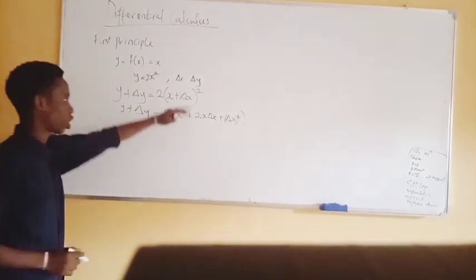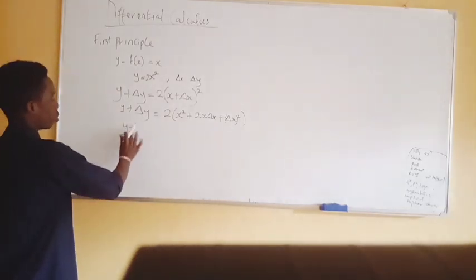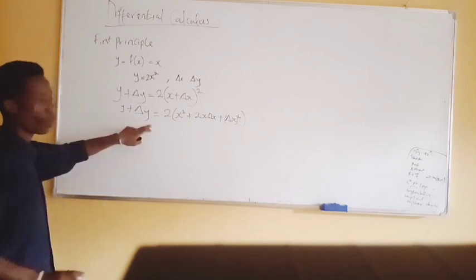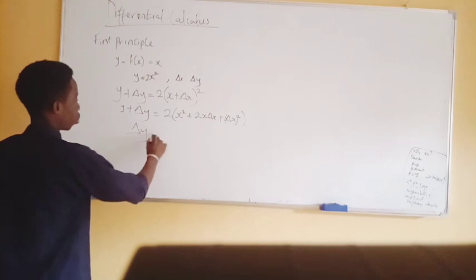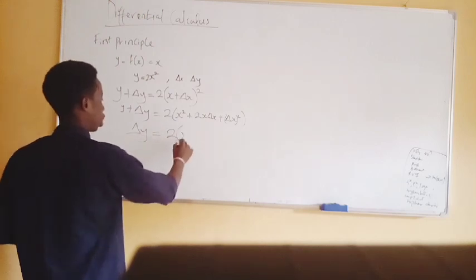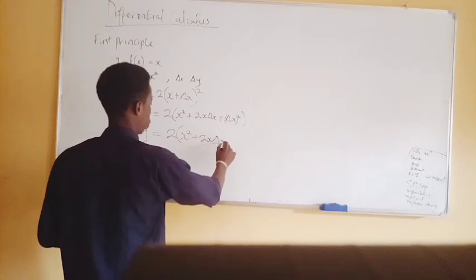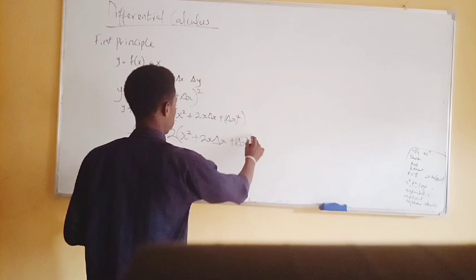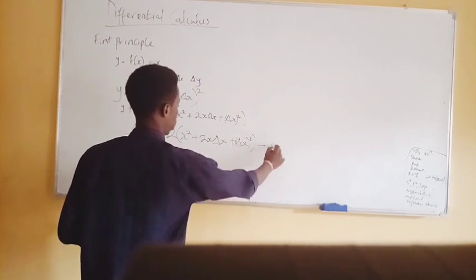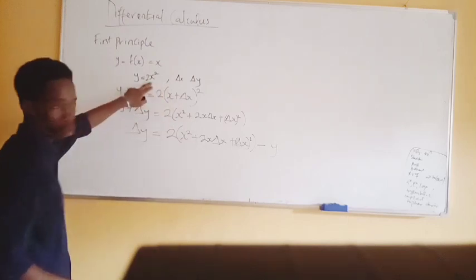This is what this expression gives us. Now, we can make delta y the subject of the formula. So delta y equals 2 times x squared plus 2x delta x plus delta x all squared, minus y. Of course, we know our y is 2x squared.